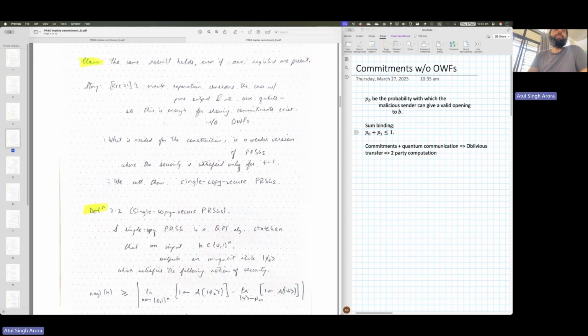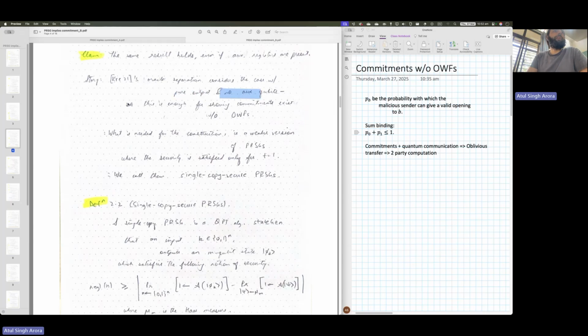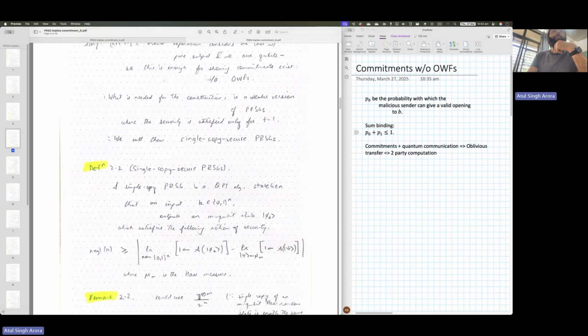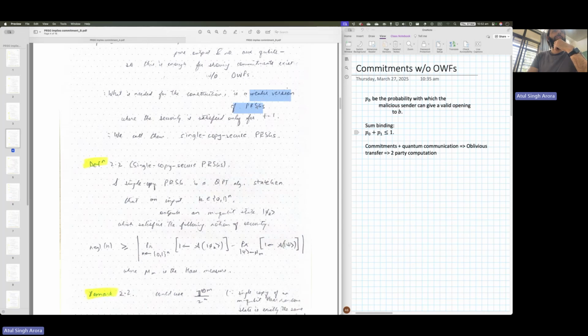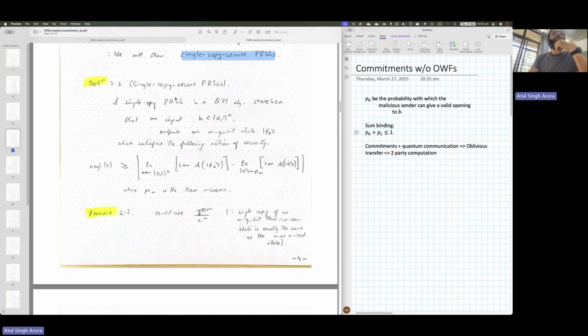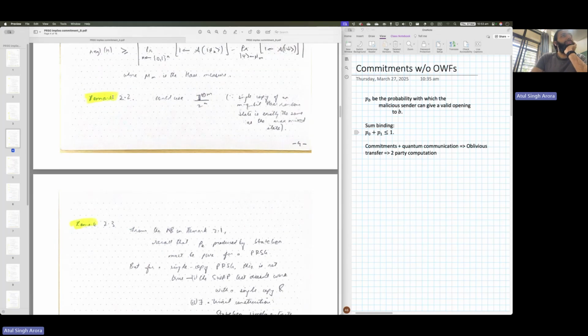Basically they showed that even if BQP equals QMA, you can still have PRSGs. The PRSG they used was just for pure states and didn't have any auxiliary qubits, and therefore it suffices in this construction to also use such a PRSG. In fact, what is needed in this construction is something even weaker. They just need the security definition to hold for t equals 1, which is what they call a single copy PRSG. The single copy definition is exactly the same, except that now you get a single copy, unsurprising.